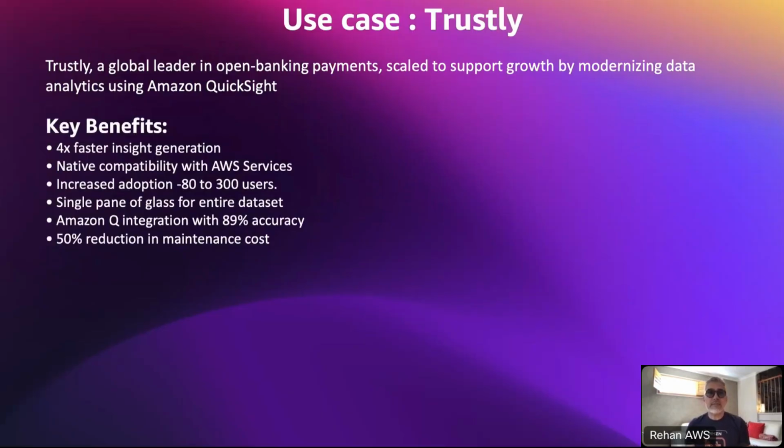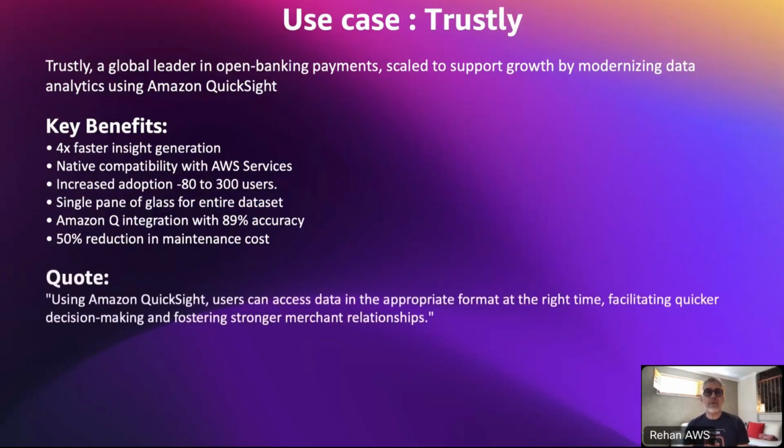Some of the benefits they've got using QuickSight are 4 times faster insight generation, native compatibility with AWS services we've discussed, and increased adoption: because it's so simple and intuitive to use, they were able to increase the number of users to 300. They also got a single pane of glass for the entire data set, Amazon Q integration with 89% accuracy, where Amazon Q lets you ask questions in plain language, as well as a 50% reduction in maintenance cost.